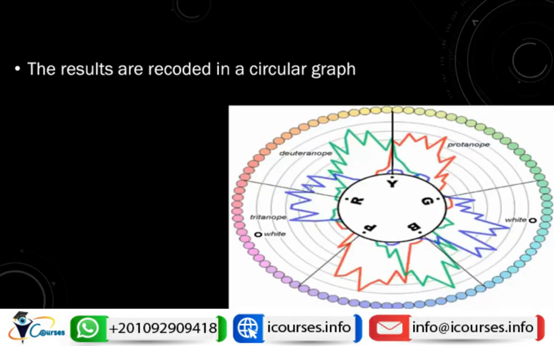And then there will be a graph like this. It is made to determine if the patient failed to arrange the green, the red, or the blue, so that we can know if the patient has deuteranopia, tritanopia, or protanopia. There is another, abridged form of this test, in a shorter form.